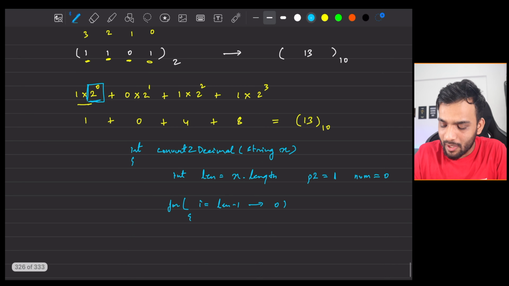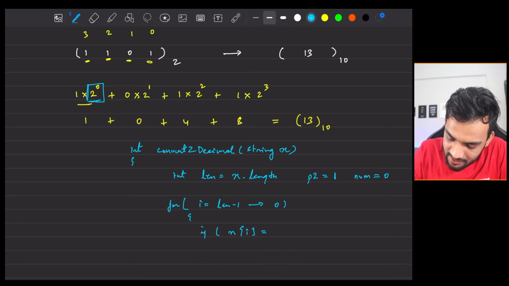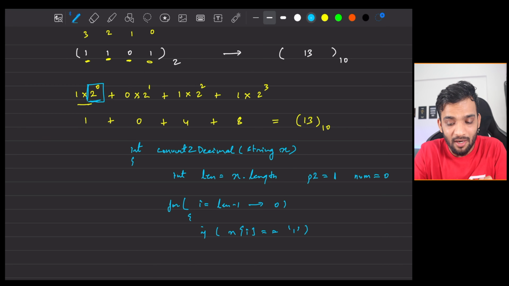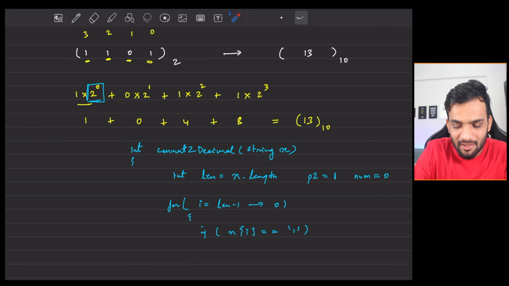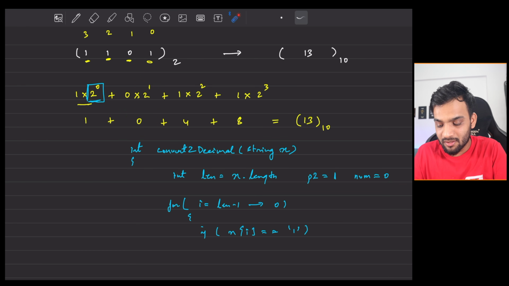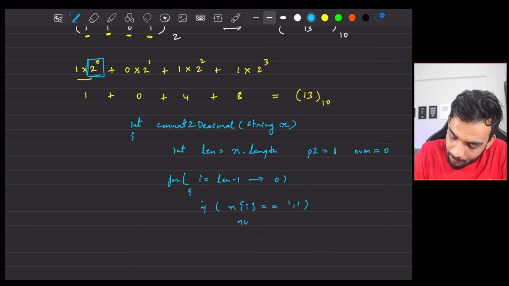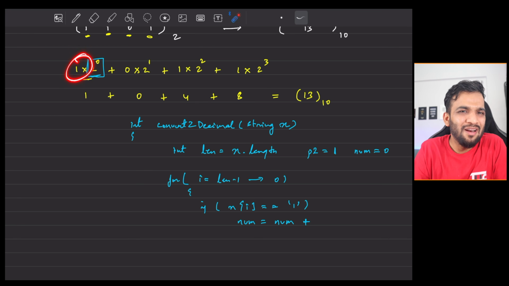So what will I do? I'll say, okay, hey, listen. If x of i is equal to 1, if that character is 1, because that has to be 1, be very sure about one thing. If the character is 0, doesn't matter what you're multiplying it with, it will always be 0, correct? So only if it is 1, in that case, you'll say, okay, number plus, you're multiplying 1.